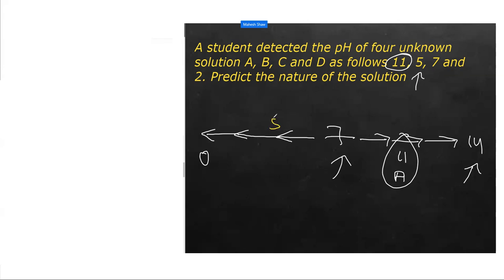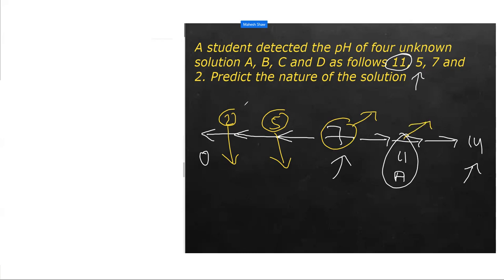This is 5 here. So we can say it is acidic, but it should be weak acid, weakly acidic. And the last one is 2 here. The 2 is close to 0, so it will be highly acidic. 7, as you know, is neutral.